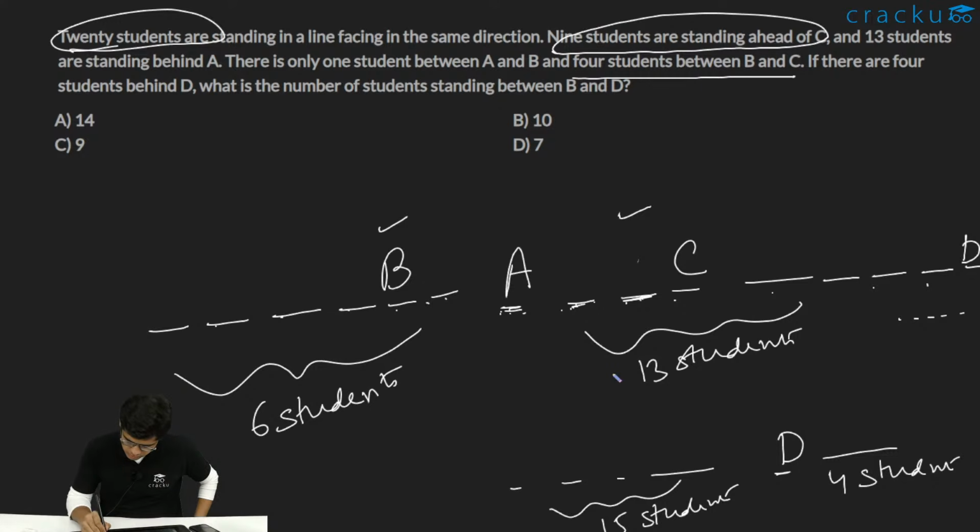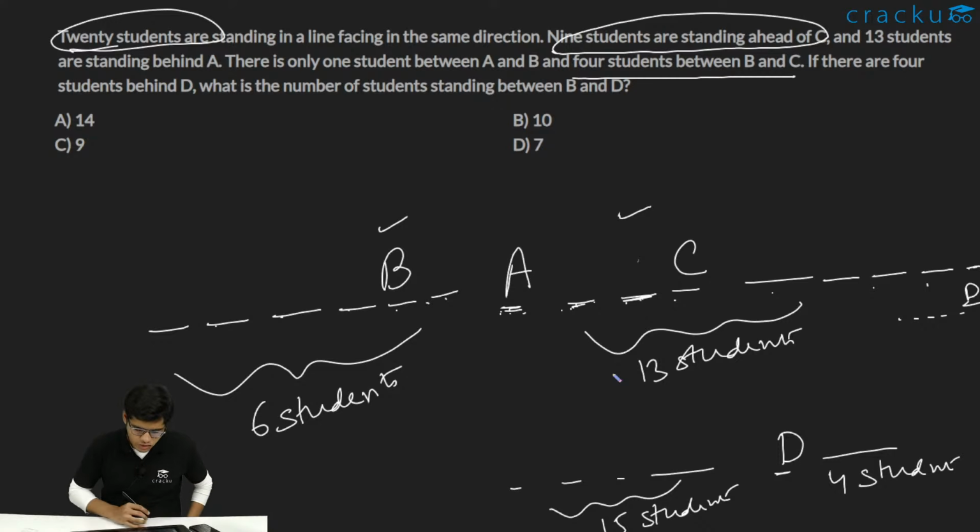Okay, I think I'm having one more. One second. Yeah, D will be somewhere over here. Yeah, 15 students are ahead of D.